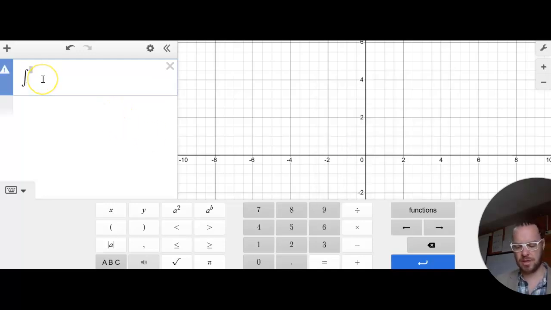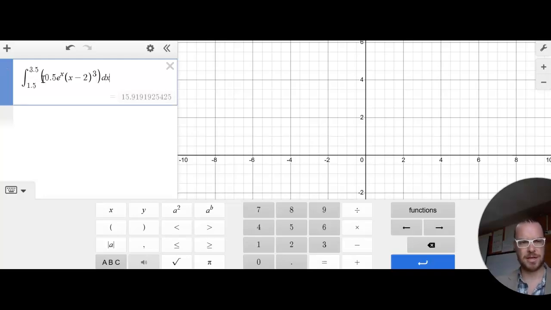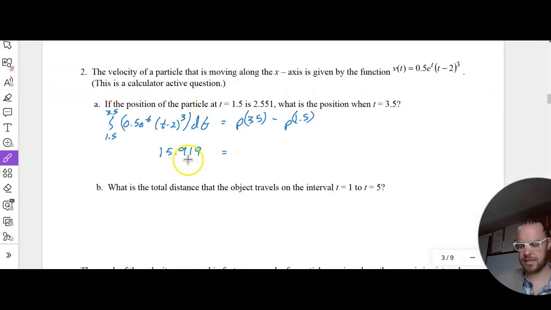You're going to open up the integral, and I'm going to be doing this one from 1.5 to 3.5, and then I need to put in what my function was, which was 0.5 e to the power of x times (x minus 2) cubed, and then I put dx here. And if I do that, you can see I get that 15.919 like I was saying. So that's how I got that answer, okay?